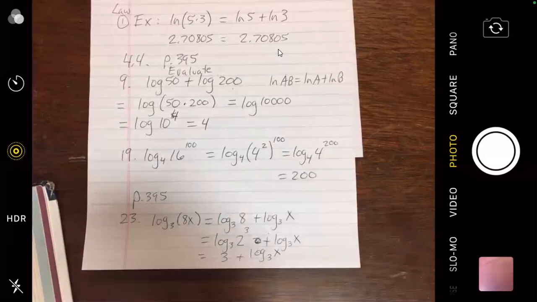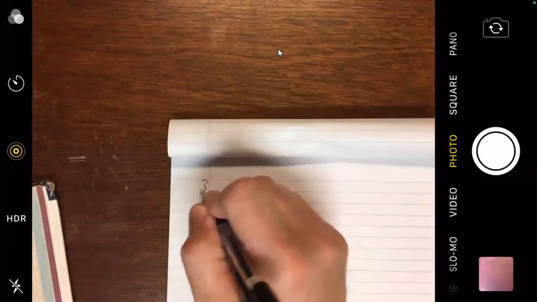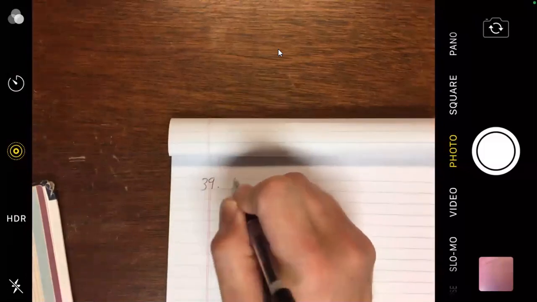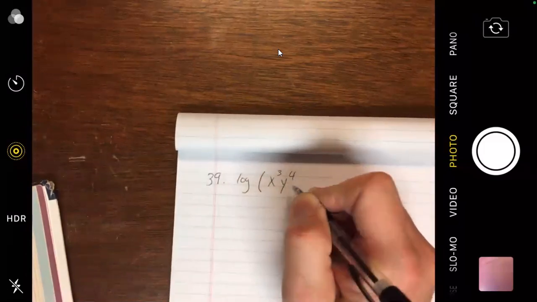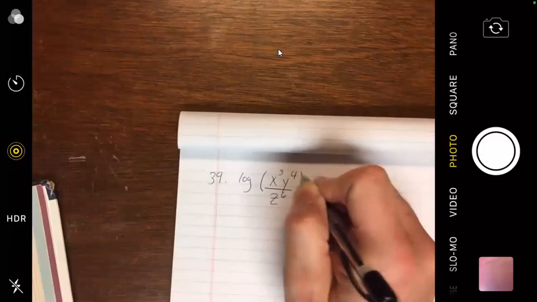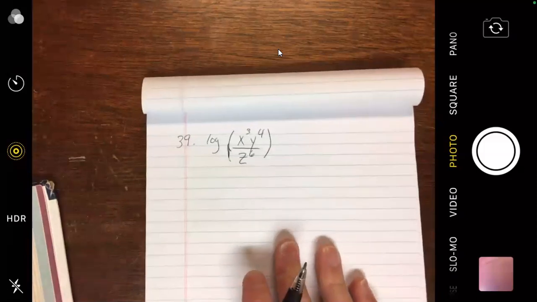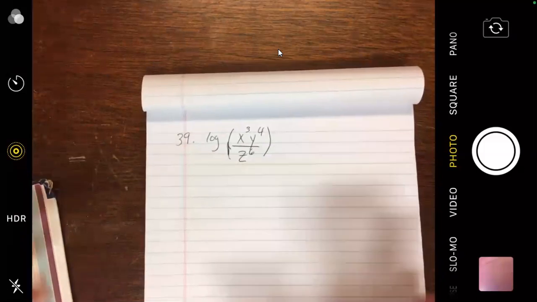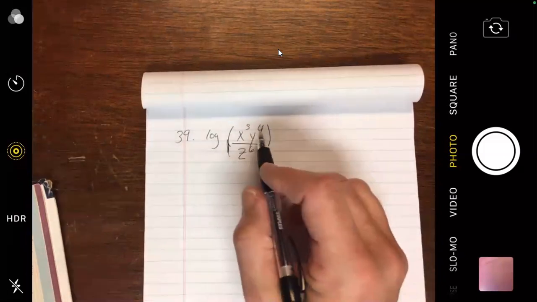All right, we'll try one a little more complicated, like say 39. And you've got x cubed, y to the 4th, and you're divided by z to the 6th. I can write this out in all the pieces, and I think I will, and then I can show you how to shorten it up. It's kind of a combination of laws.